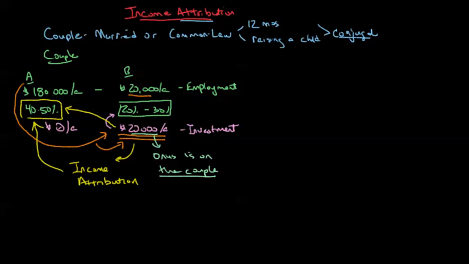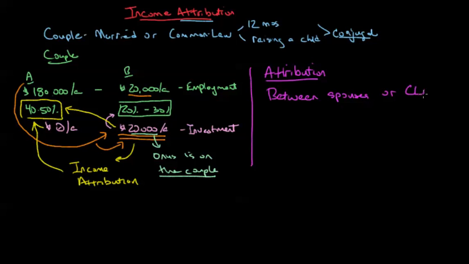So attribution is of greatest concern in two sets of relationships. Obviously then, as we've said, attribution is a concern between spouses or common law partners. And attribution is also a concern with minor children.